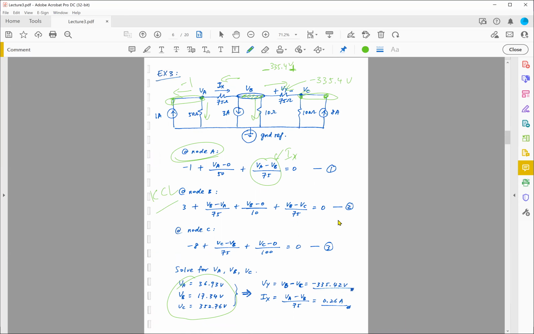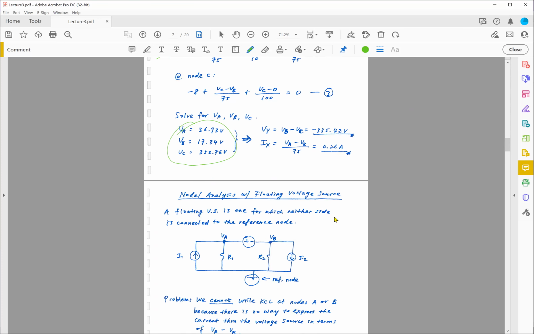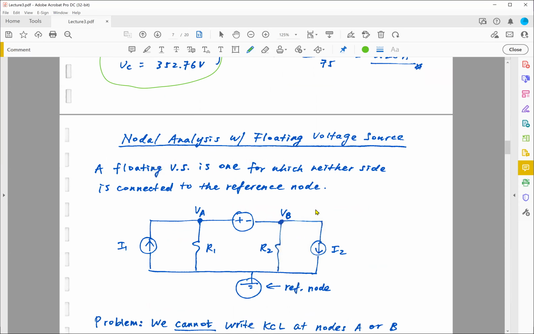Okay, so now let's move on to the next topic, which is supernode. Supernode is considered as an extension of the nodal analysis that we just studied. So let me give you one example to show you when and why we need to learn supernode.